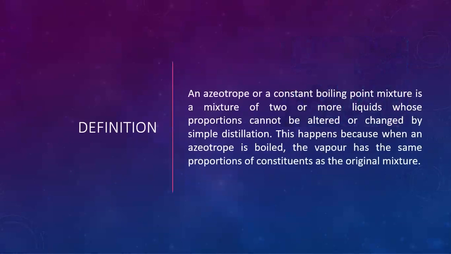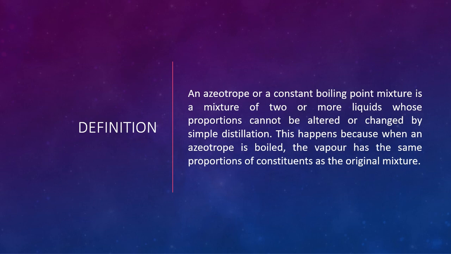So, an azeotrope is often called a constant boiling point mixture. Constant boiling point mixture is another name for azeotrope. It is a mixture of two or more liquids whose proportions cannot be altered by simple distillation. From our school level knowledge, we know that when we want to separate a mixture into its pure components, distillation is the first method that we refer to.